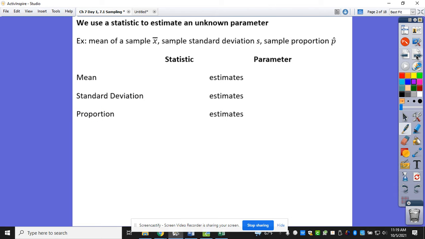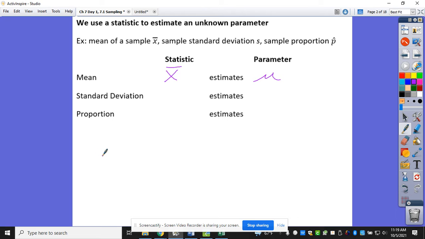So I can use a sample mean to estimate a population mean, a sample standard deviation to estimate a population standard deviation, and so forth. What is our symbol for sample mean? So I would use X bar to estimate what symbol? Mu.